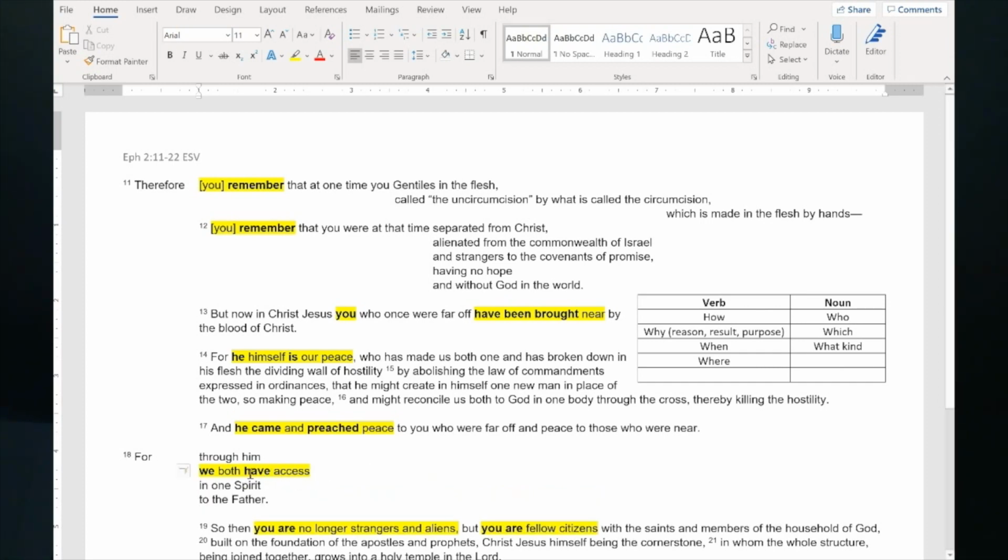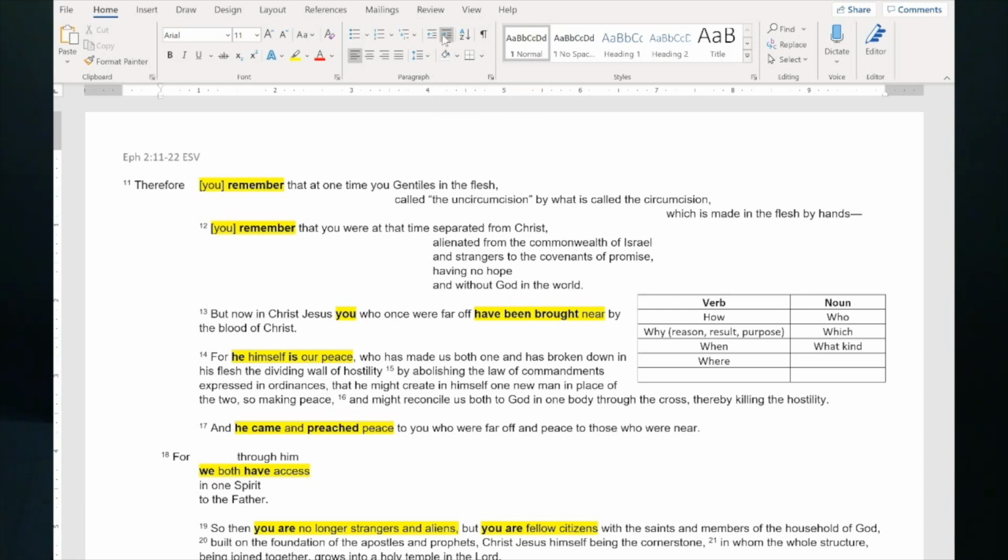These are prepositional phrases. And a prepositional phrase like "through him" is probably telling us something about how. How is it that people have access? Well, they have it through him. Prepositions are going to modify or tell you more about verbs.